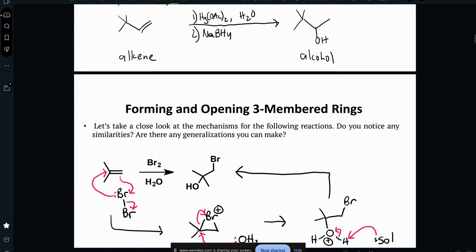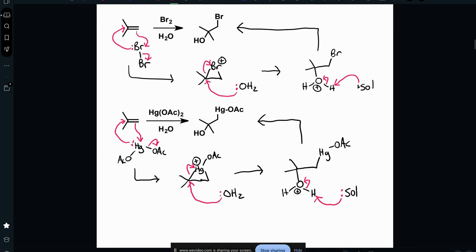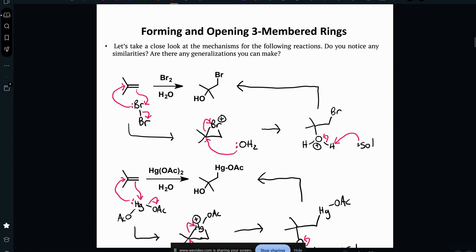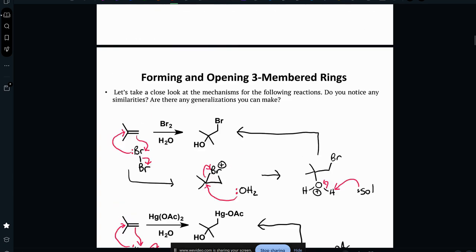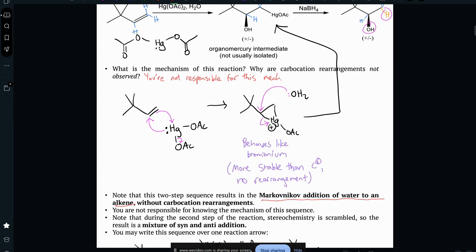One thing to notice about this that you'll see on this next slide is that this is very much analogous to the formation of what we would call a halohydrin or a bromo alcohol. We make a 3-membered ring in the first step. We attack it with water. We deprotonate, which I left out my deprotonation step here.